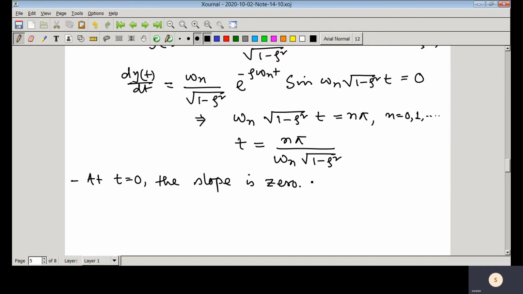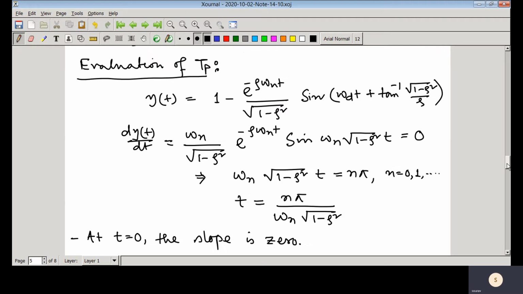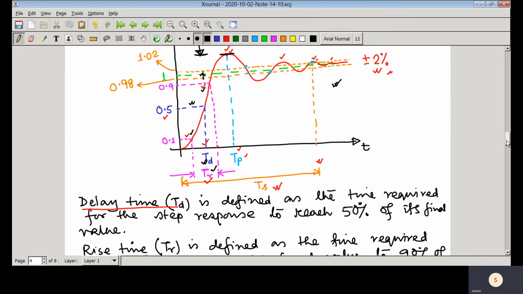And this is very interesting. That means if you look at the time response here, you can see that the response is starting like this. But if you see the first order response, you can see that it is starting like that.